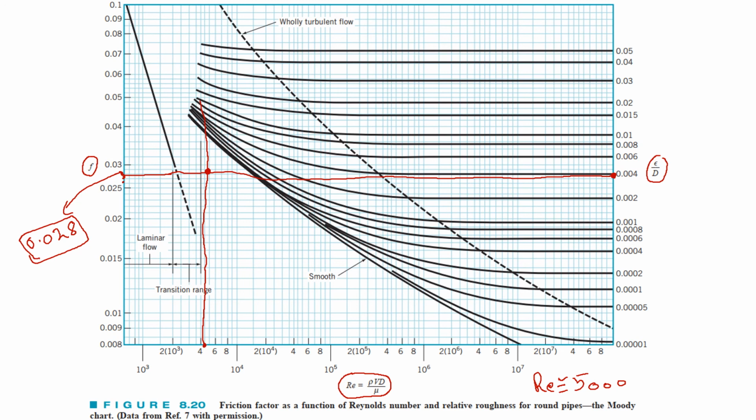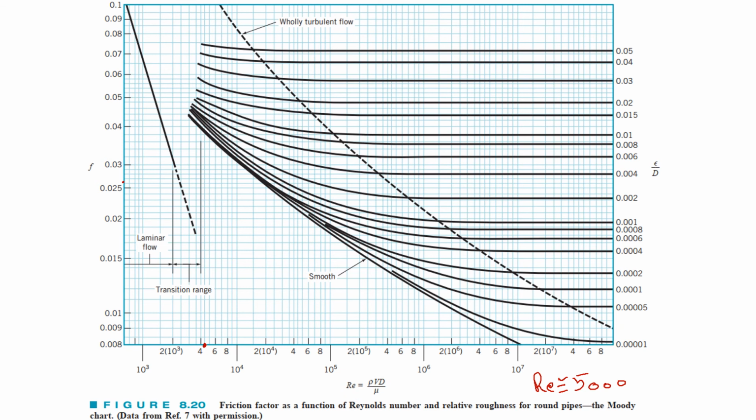And you can also see that there are laminar and transition regimes on this chart, so we can use this chart to find our Darcy friction factor for a laminar regime also, but we have a formula for the laminar flow regime that is much easier, that is f equals 64 over Reynolds number.